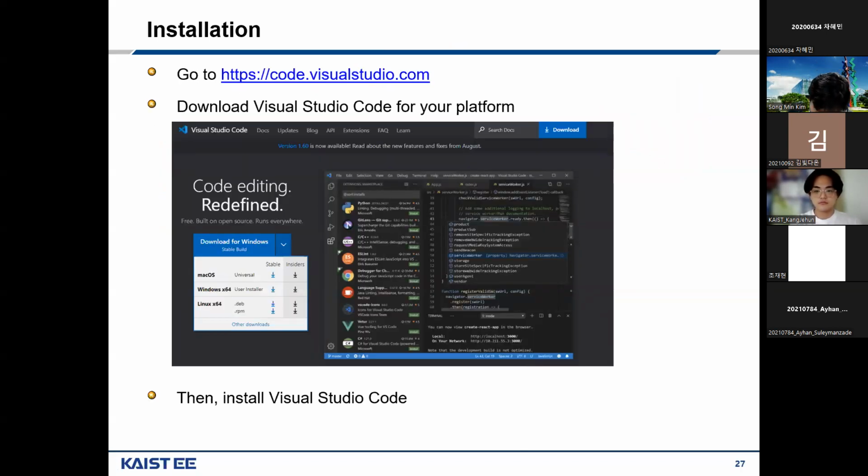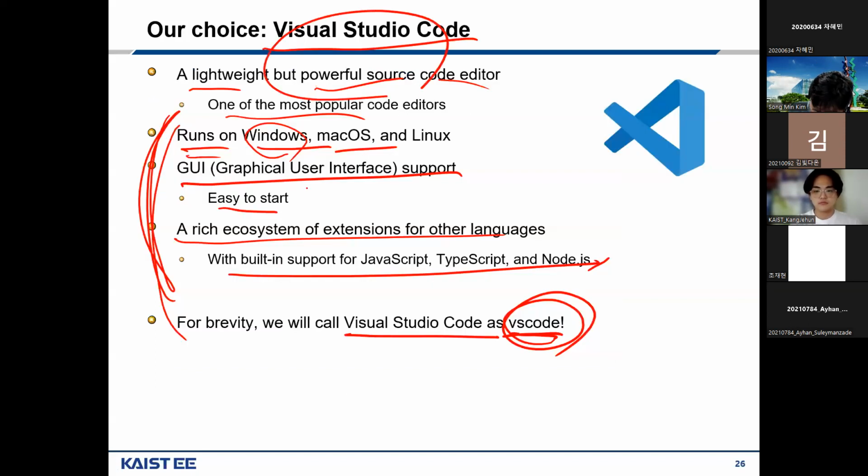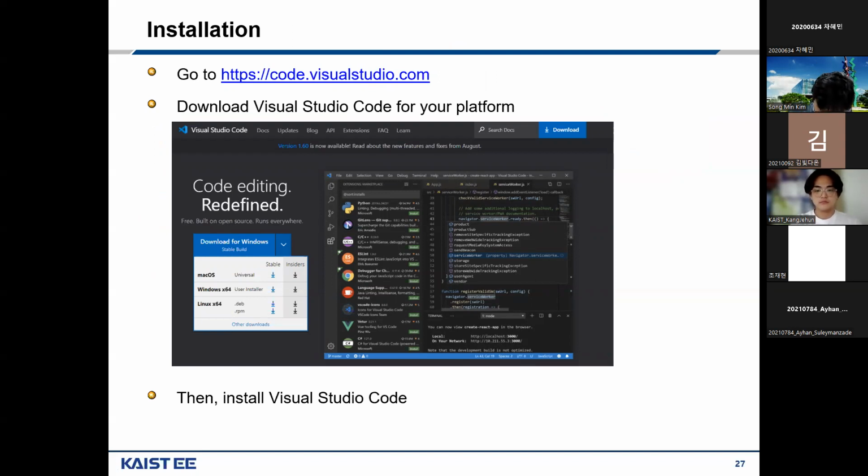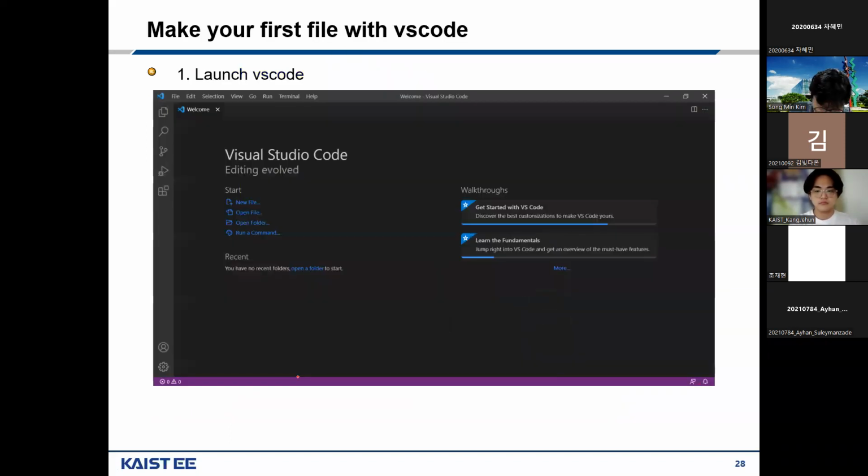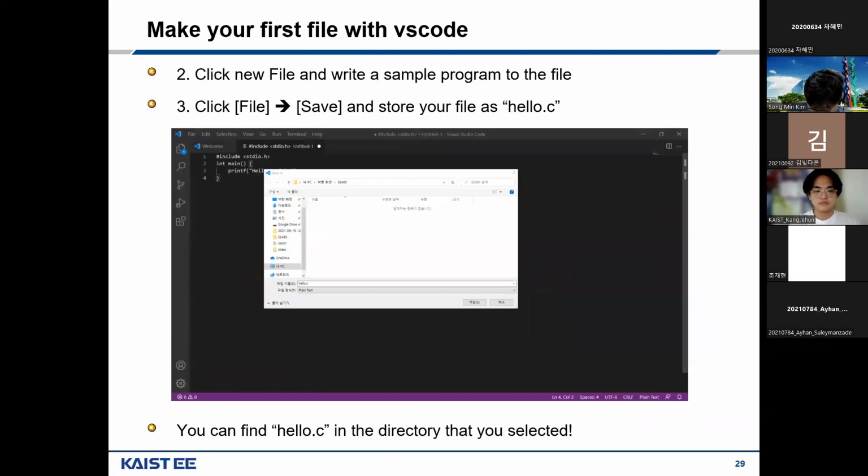Okay, how do you install it? We will be using VS Code throughout the course, so please install it. How do you install it? Just download and install, right? It supports all the platforms, and just launch it. And how do you make your first file in VS Code? Well, you just click File and click New File and save, right?